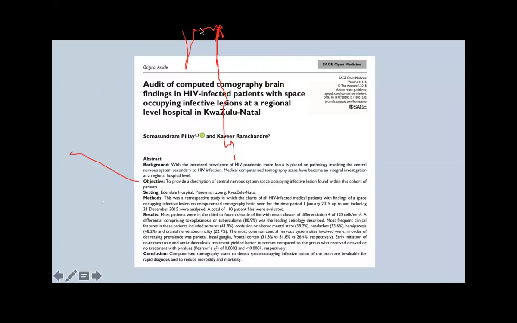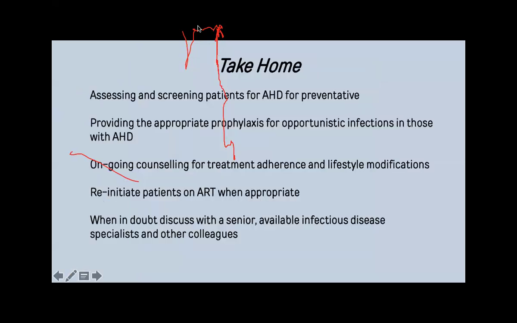So the take-home message is that patients must continually be assessed and screened for advanced HIV and for preventable opportunistic diseases. They must be provided with appropriate prophylaxis in those that are already found to have advanced HIV disease. Ongoing counseling for treatment adherence and lifestyle modifications.